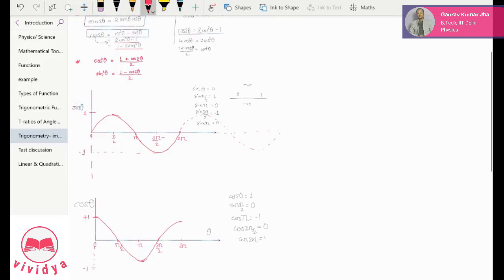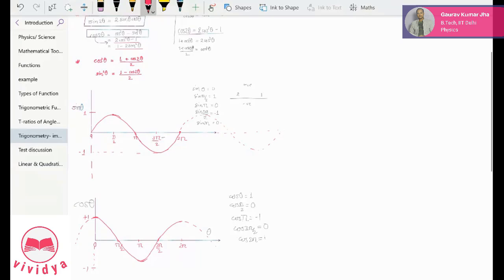And if you extend, it will look very similar to the sine. You know, the wave is same. It's just that the values are different. So it looks same, but at cos 0 it is maximum, at pi by 2 it is 0, at pi it is -1, and so on. So this is the curve of how cos theta looks like.